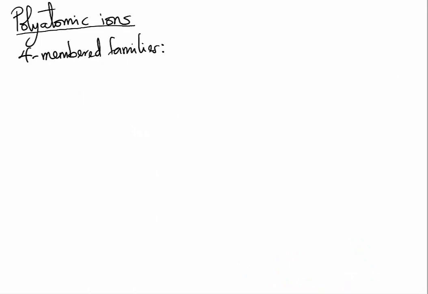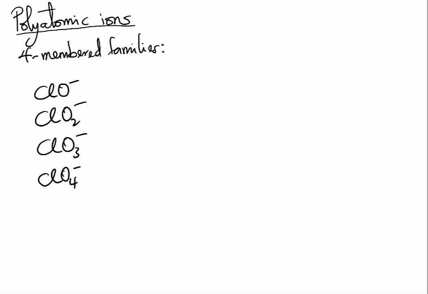For the four-membered families, let us take a look at an example. You can immediately see the similarity. They all have chlorine. They all have the same charge of -1. However, the number of oxygen in them vary. So how do we name four-membered families?